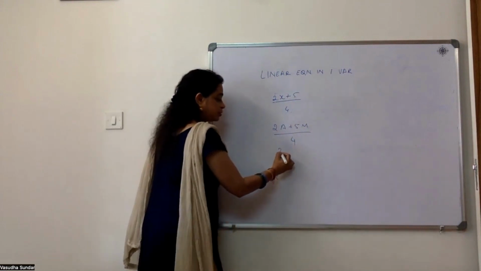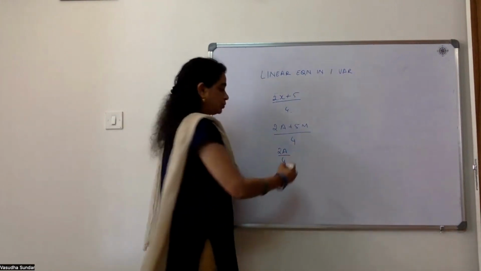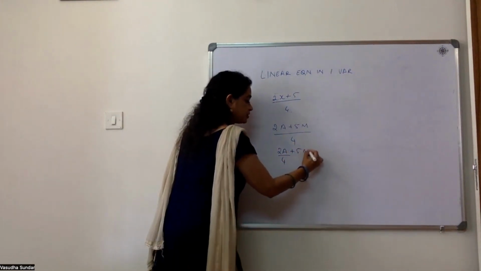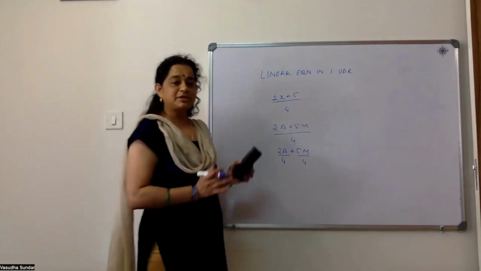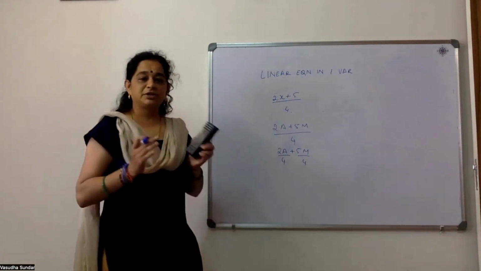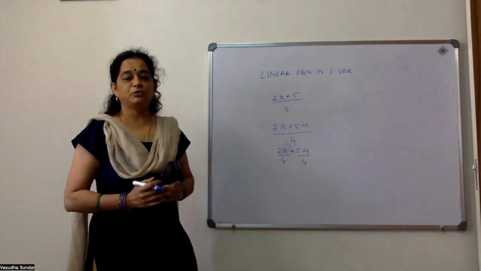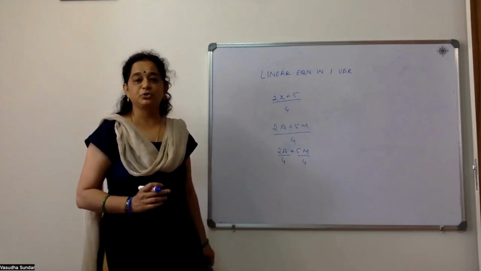You will divide the 2 apples among 4 of them. You will divide the 5 mangoes among 4 of them. This is what you will do. So you will take the apples, divide them by 4, give it to each of them. Take the 5 mangoes, divide by 4, give it to each of the 4 friends. So this is the ideal thing a good friend should do.